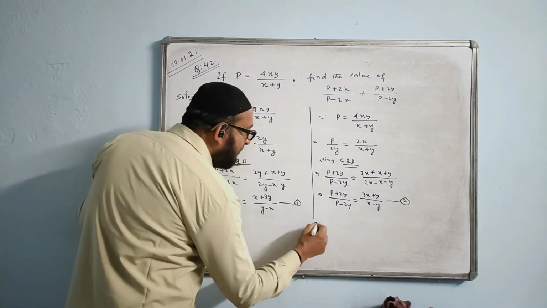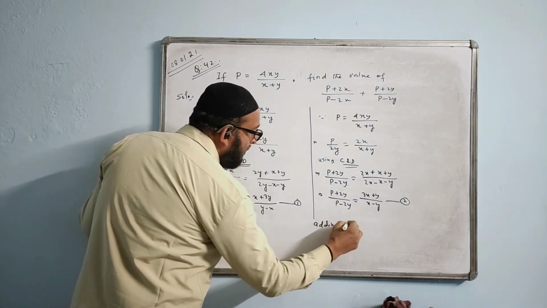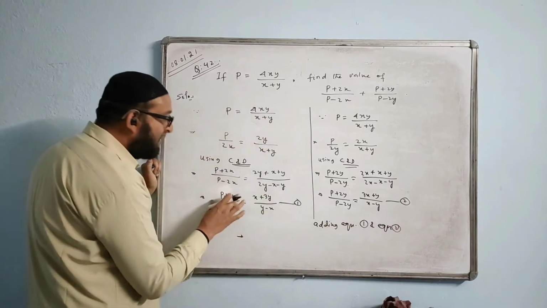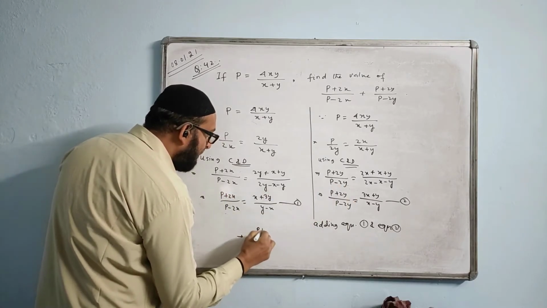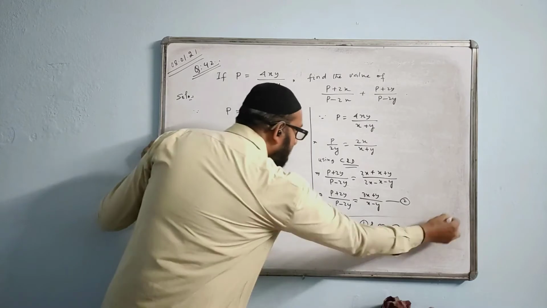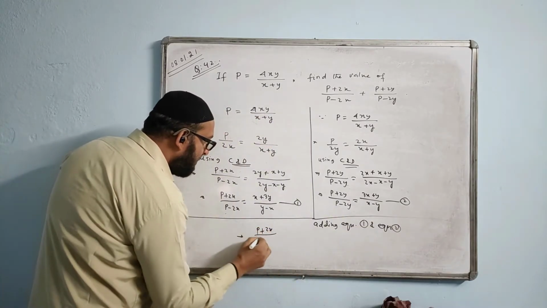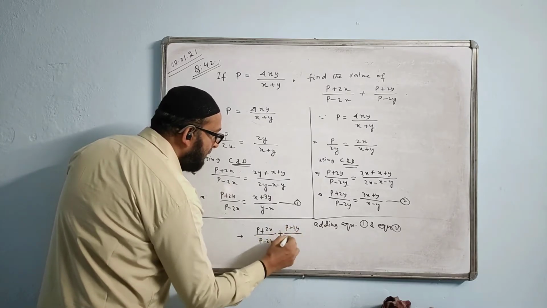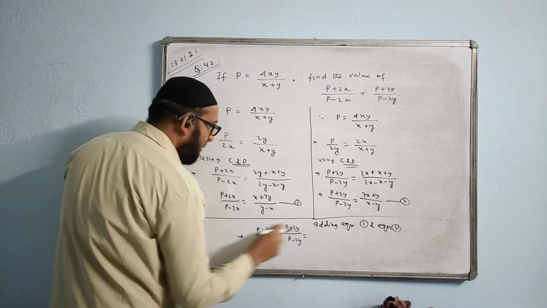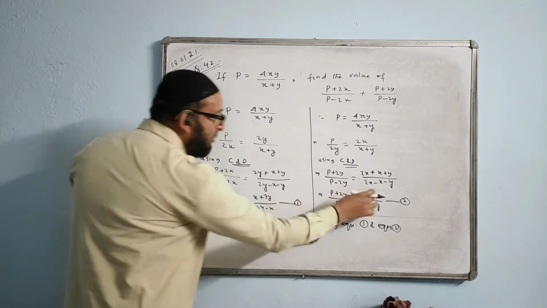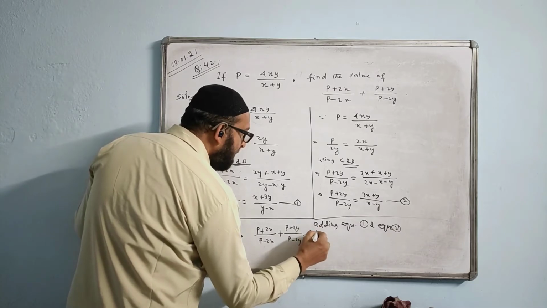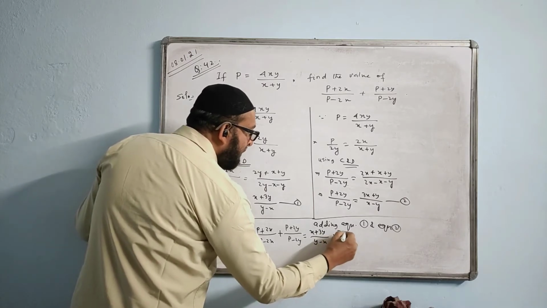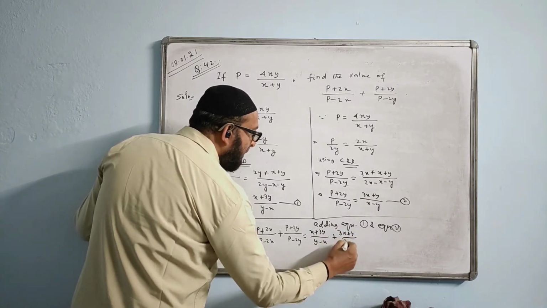When we add, the left hand side will be added to the left hand side: p plus 2x by p minus 2x plus p plus 2y by p minus 2y equals, putting the right hand side values, x plus 3y by y minus x plus 3x plus y by x minus y.